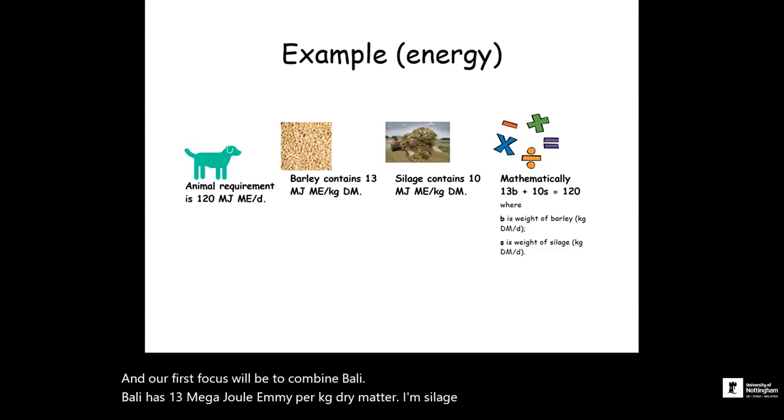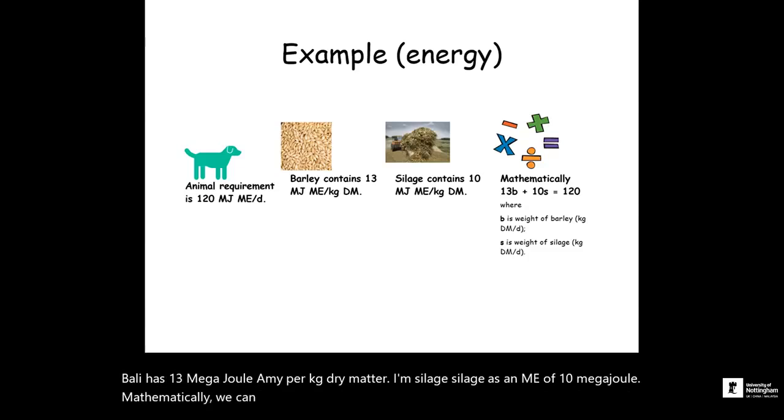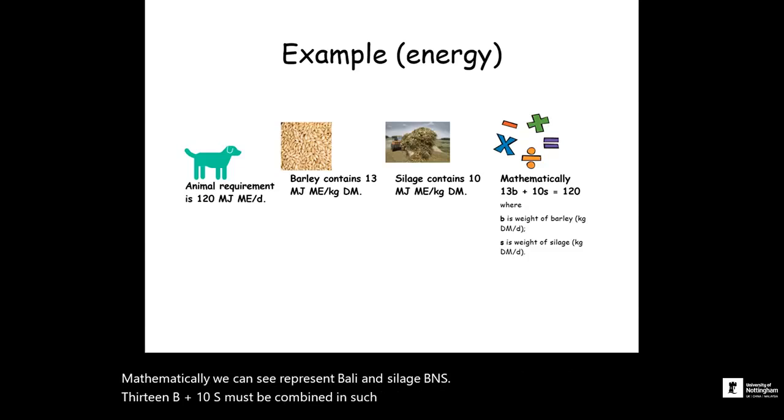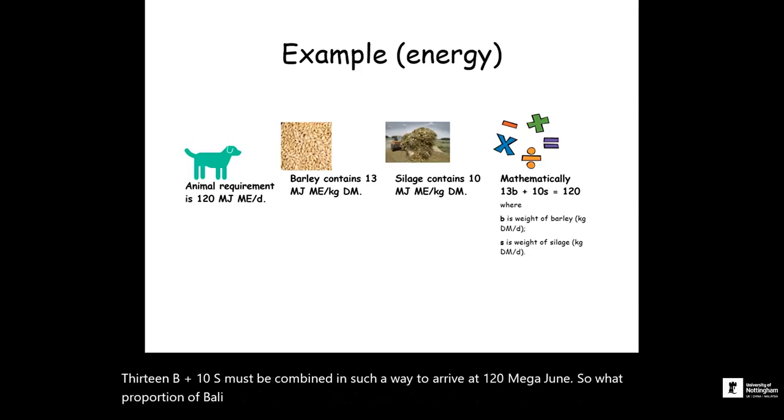Silage has an ME of 10 megajoule. Mathematically, we can represent barley and silage with B and S. 13B plus 10S must be combined in such a way to arrive at 120 megajoule.